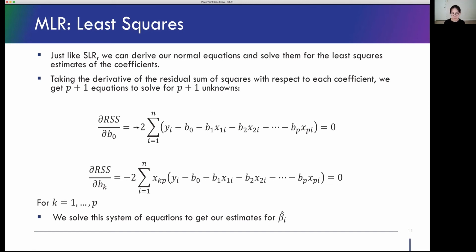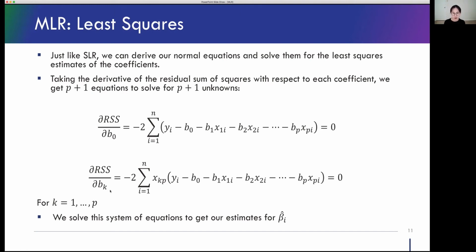So now we have p plus 1 coefficients, from beta 0 to beta p. We have to take the derivative for each of them in order to get an estimate.